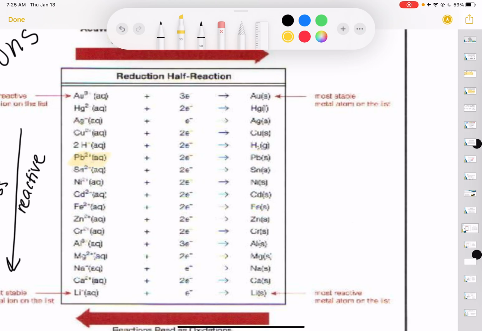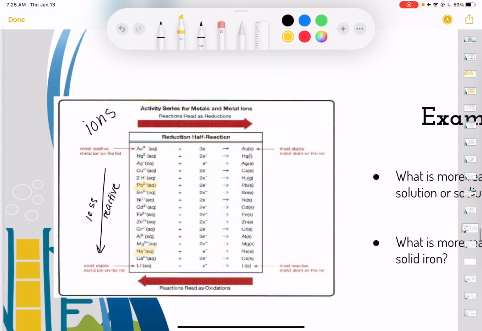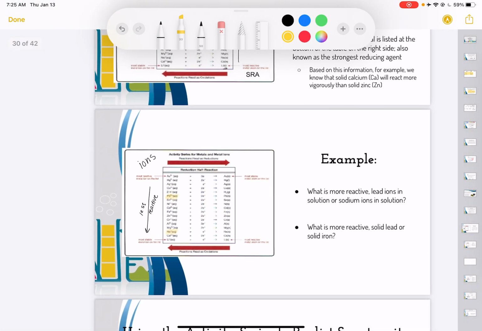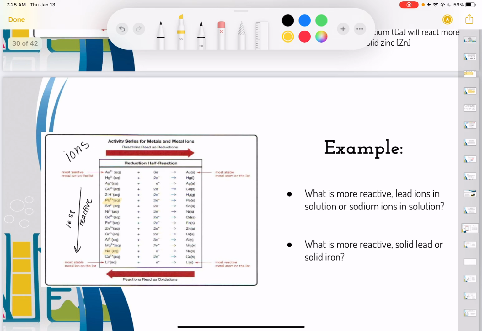Lead is right there. Sodium is right there. The one that's higher up on the table is the one that's more reactive. So we're going to say lead is more reactive. I should be saying lead ions.